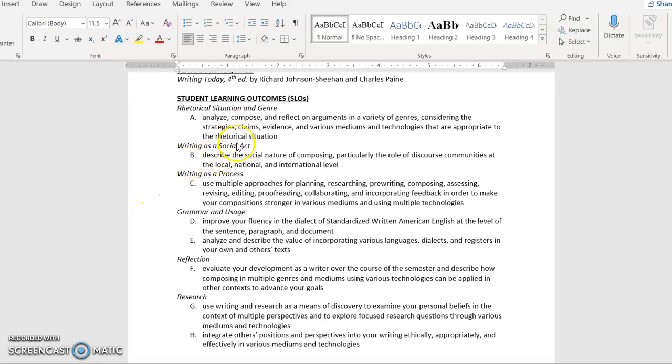The next one is writing as a social act. So you should be able to describe the social nature of composing, particularly the role of discourse communities at the local, national, and international level. When we talk about audience, each audience is usually being targeted as part of a discourse community.